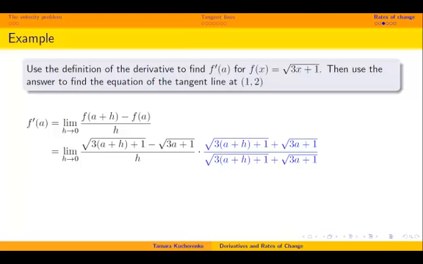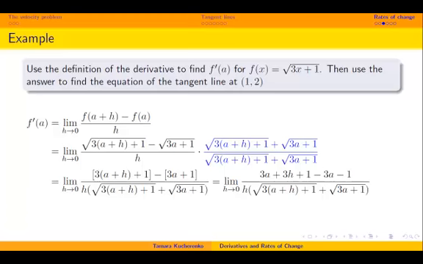In the numerator, we obtain the difference of squares, 3 times a plus h plus 1 minus 3a plus 1. We multiply out 3 in the first term and distribute minus in the second term of the numerator.